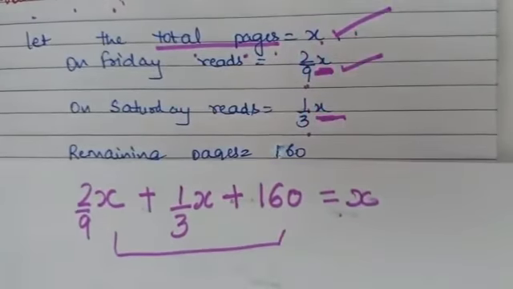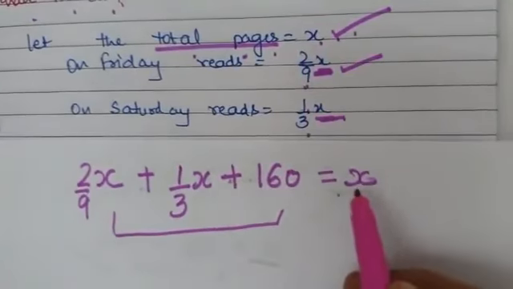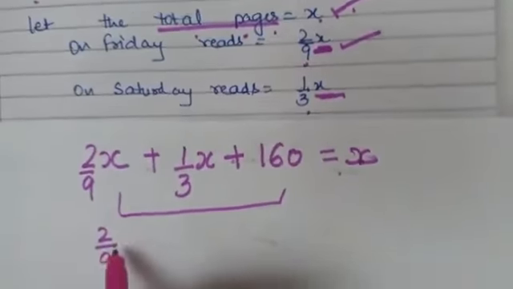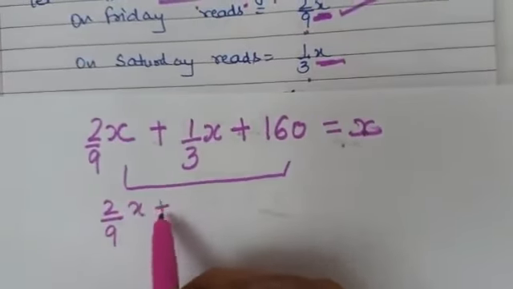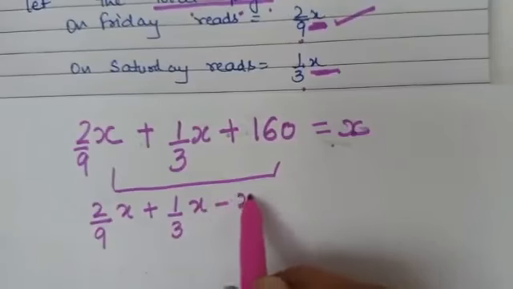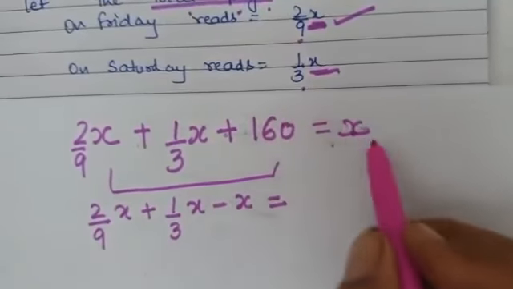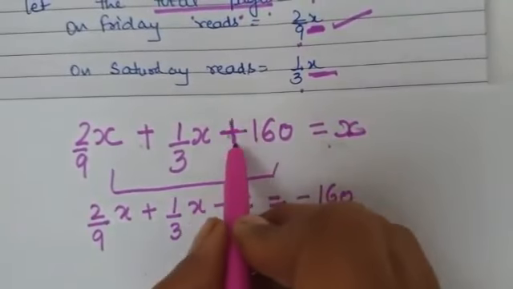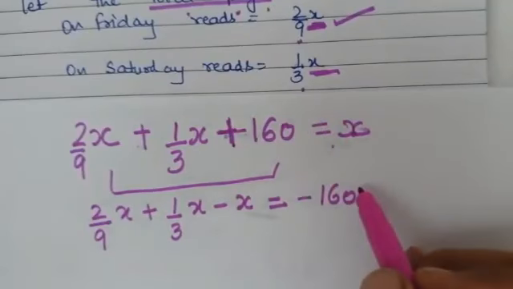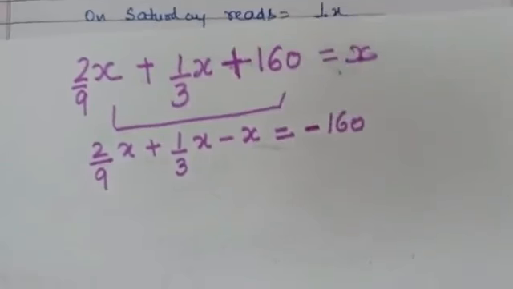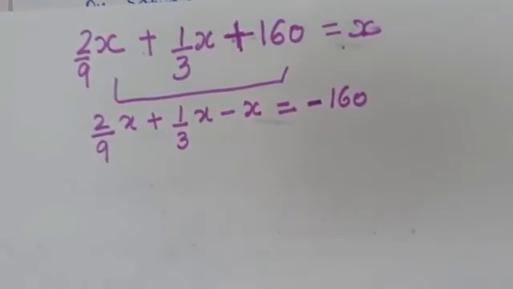So now what we will do? Let us shift X first. 2 by 9 X plus 1 by 3 X minus X will be equal to minus 160. This is getting added here, so it will shift to that side and it will get subtracted. Signs always change.